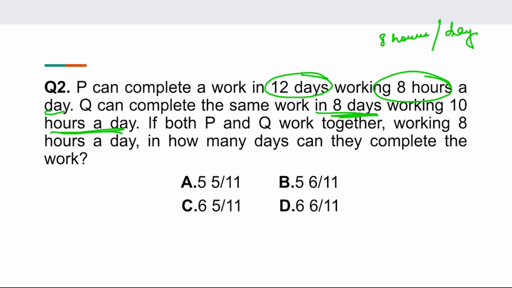Alright, it's very simple. Let's just solve it and get rid of this question as well. But first things first, what is this? 5 by 11 or 6 by 11? What is this? Anyone? Alright, let me tell you because I cannot hear you. This is a mixed fraction, a whole number and a fraction.